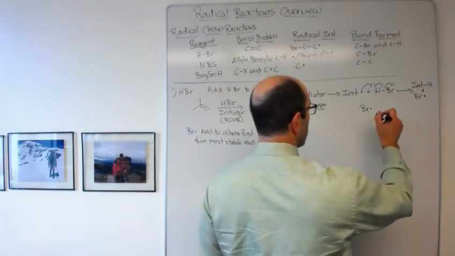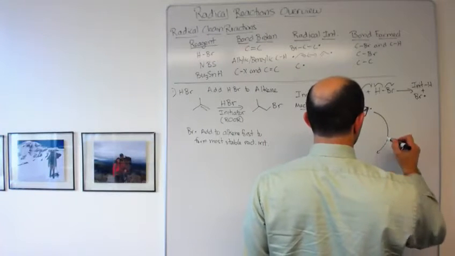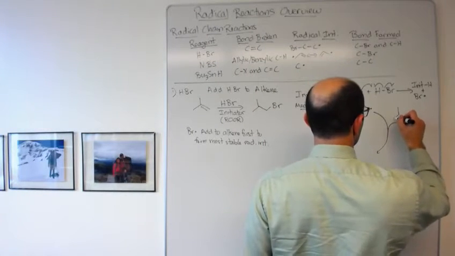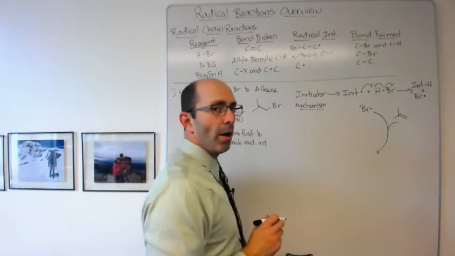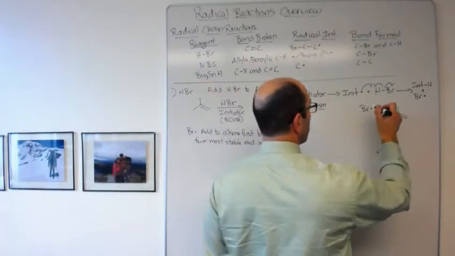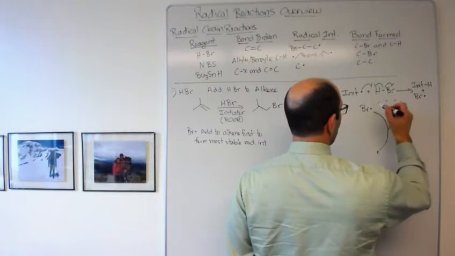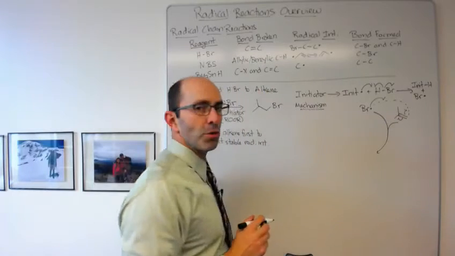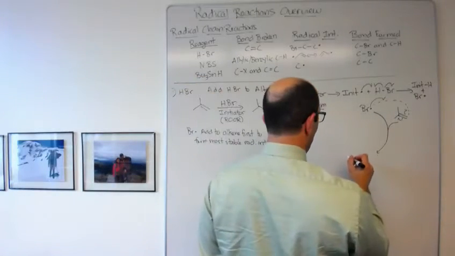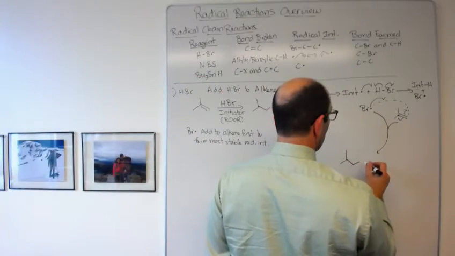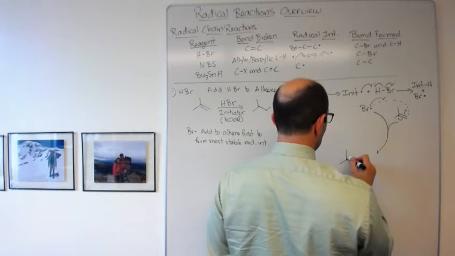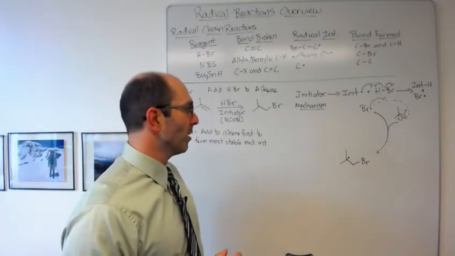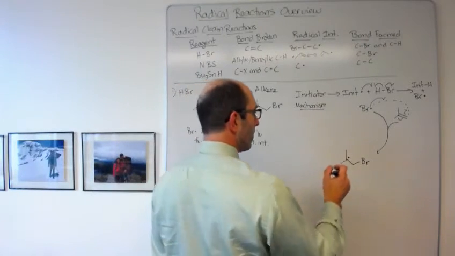All right, so for this reaction, if we add in our alkene starting material, bromine's going to attack at that position so that we generate a tertiary carbon radical, which we've talked about is going to be much more stable than a primary carbon radical. More substituted radicals are more stable. So that's our first intermediate.